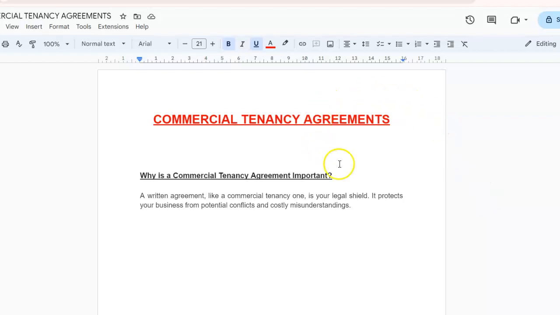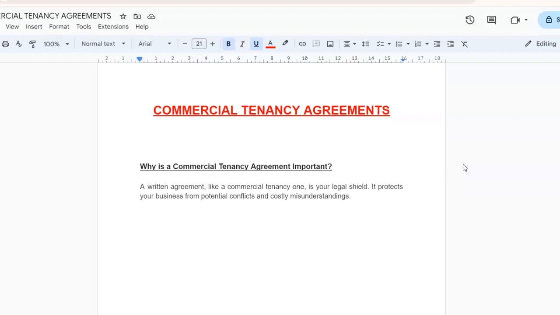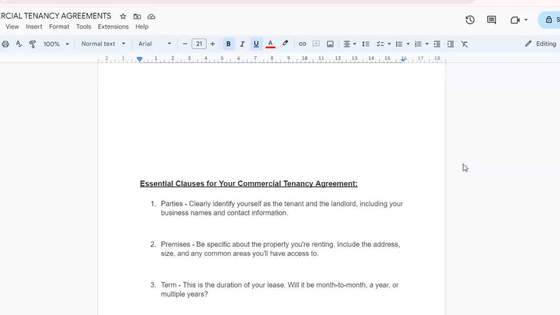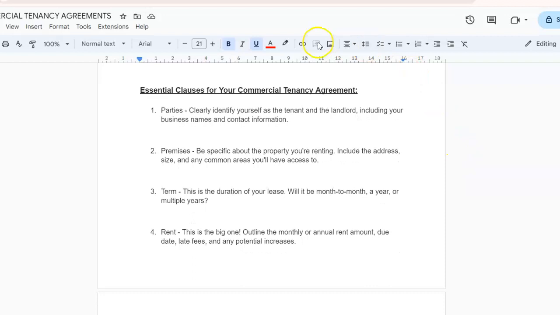A written agreement, on the other hand, like a commercial tenancy, is your legal shield as it protects your business from potential conflicts and costly misunderstandings. So now let us get into the essential clauses that every commercial tenancy ought to have. Let us break it down into bite sizes.